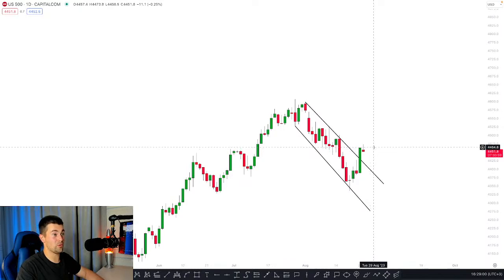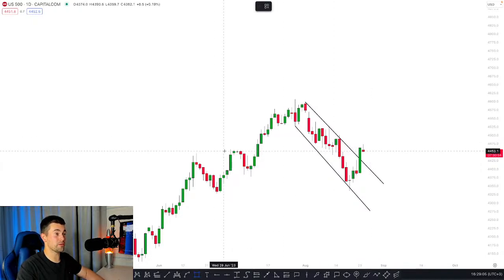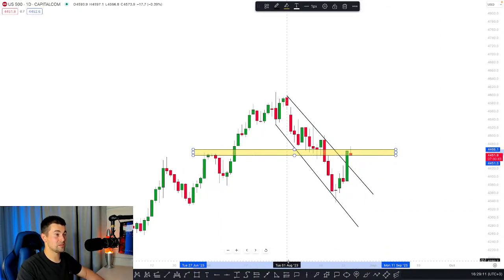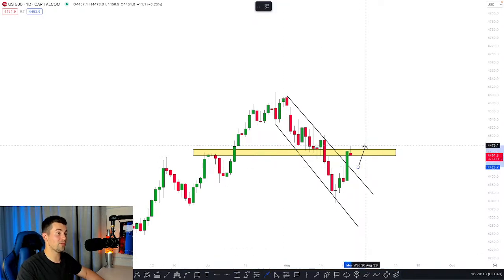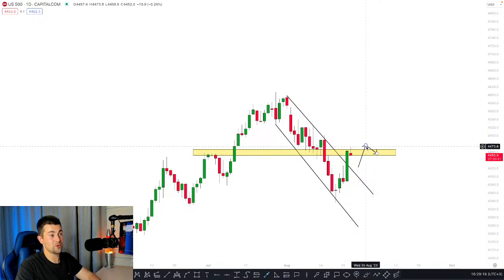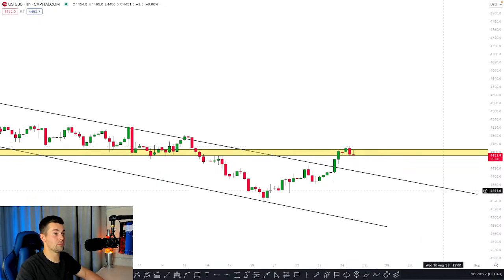The last resort for the sellers now is that horizontal resistance that the price is currently testing. So a bullish breakout of that horizontal resistance will push the index much higher. That is the scenario for you if you want to buy.